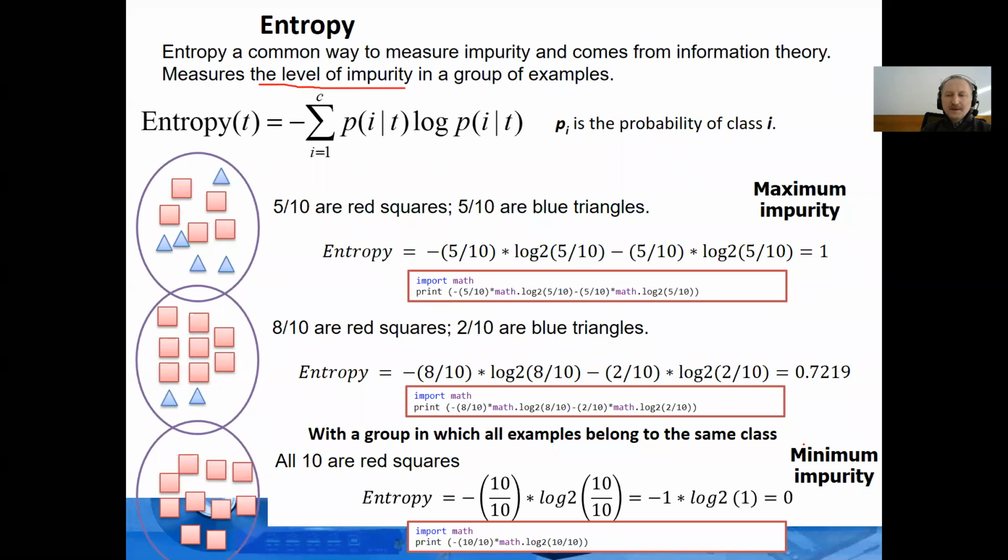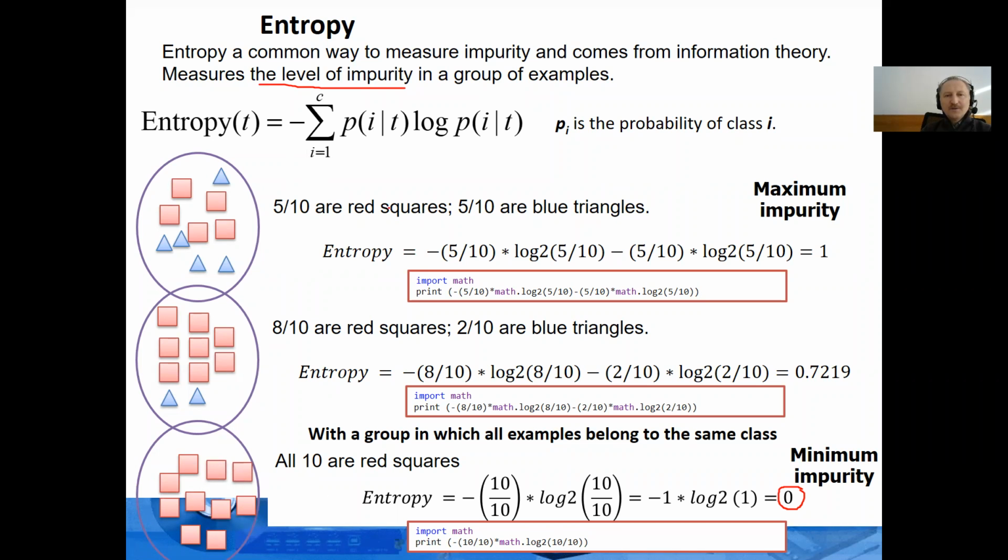Low entropy, 0, means minimum impurity, which means it is pure. Maximum impurity means it is not pure. Here it is a pure set, only squares.